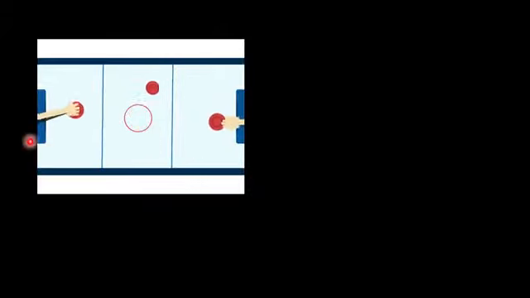If the disk is given an initial velocity, it will cover a great distance before stopping. Air hockey takes advantage of Newton's first law to make the game more exciting.